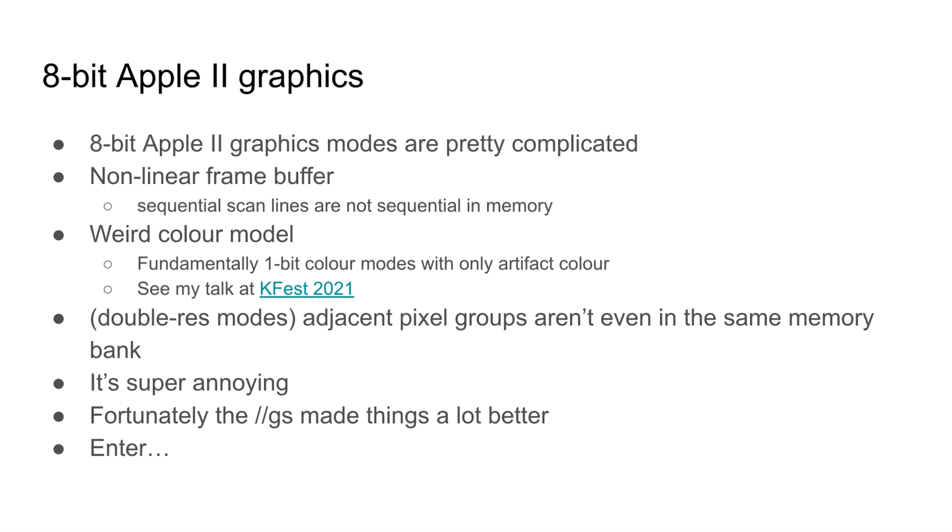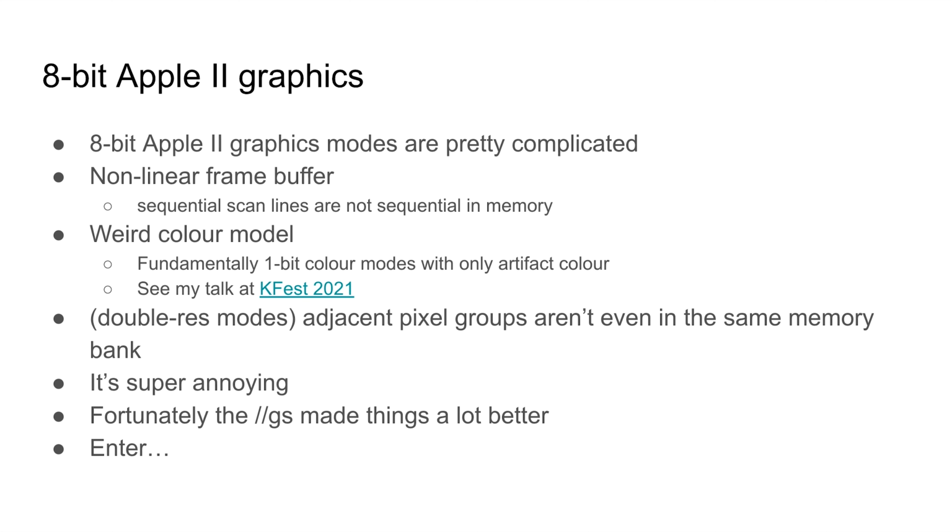And I gave an explanation of this last year at KFest. And for the double res graphics modes on the 128K Apple II line, adjacent pixel groups aren't even in the same memory bank. So this is all super annoying, especially to program with, to write applications that use it.